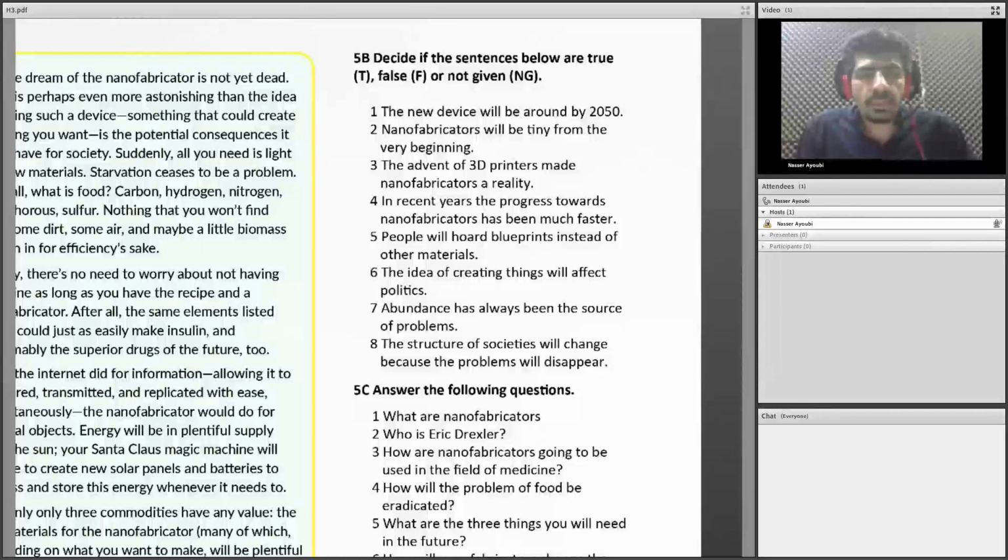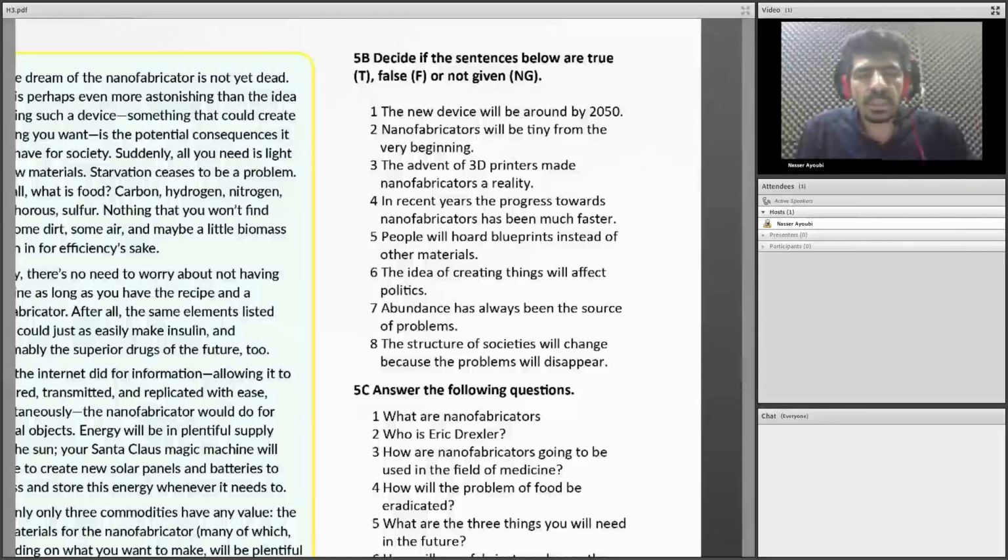Number 3, the advent of 3D printers made nanofabricators a reality. That is not given. 4, in recent years, the progress towards nanofabricators has been much faster. That is false. Number 5, people will hoard blueprints instead of other materials. That is false.